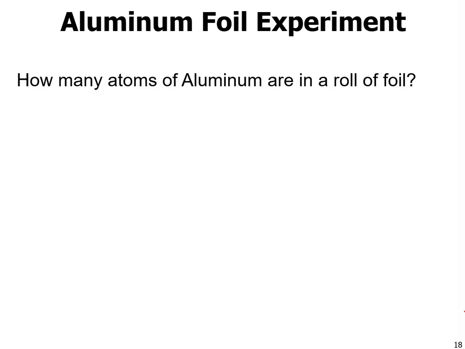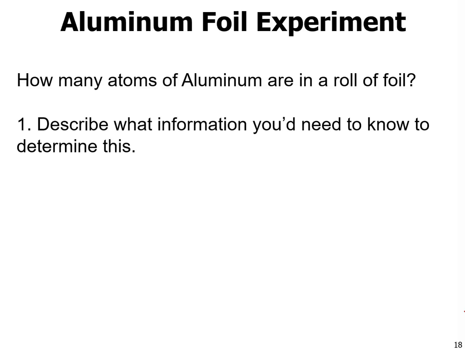The problem was the instructor asked the students to determine how many atoms of aluminum there would be in a roll of aluminum foil. For this experiment, I want you to think about what information you would need to determine how many atoms of aluminum are in a roll of aluminum foil. What information do you need to know about that roll?